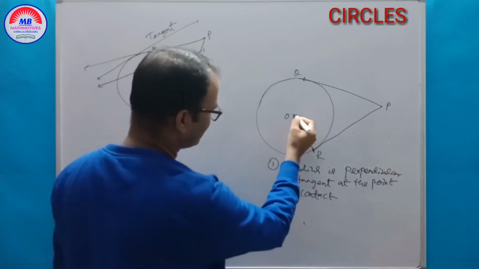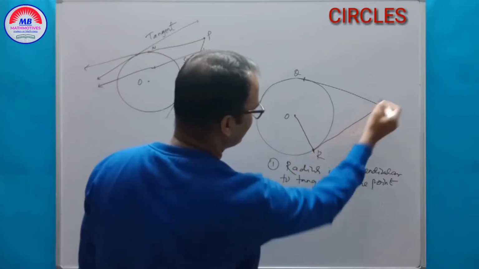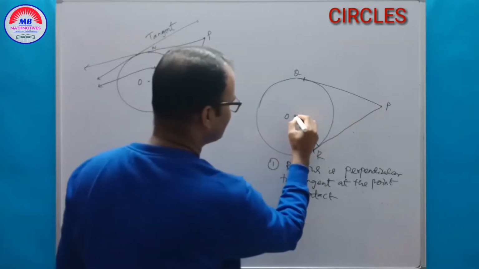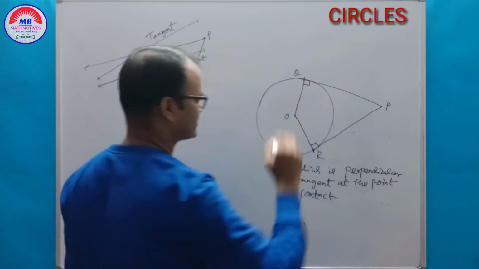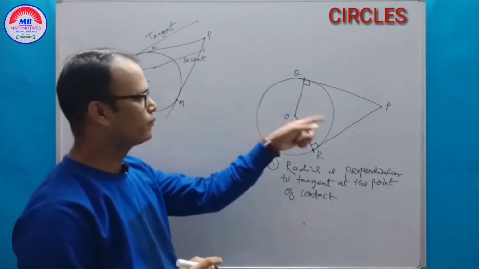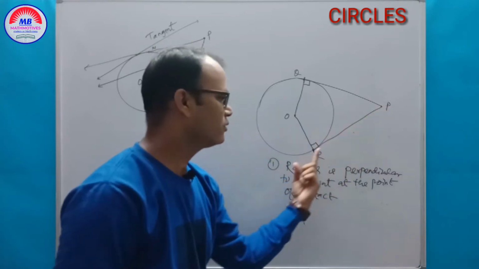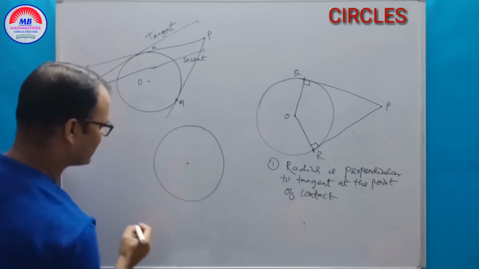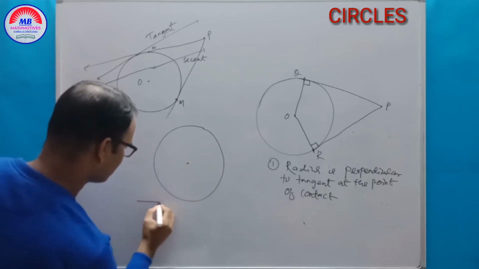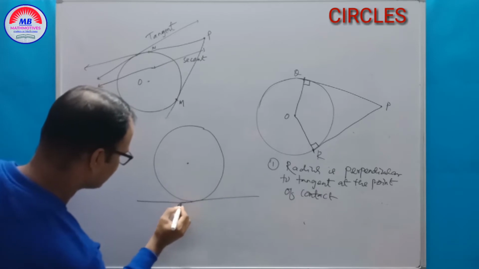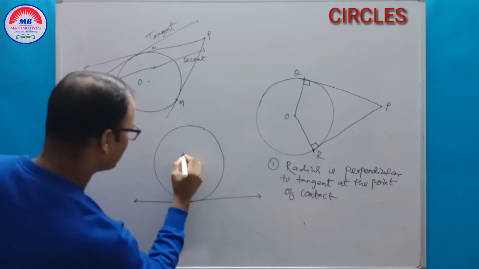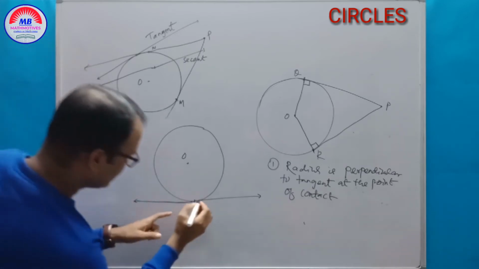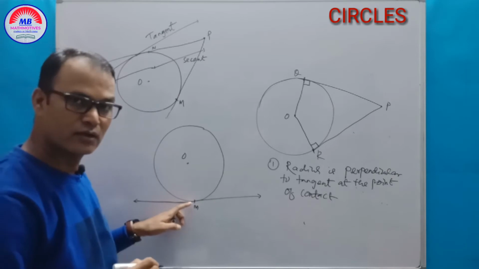So you have to prove this radius is perpendicular to the tangent at the point of contact. Similarly, this one is perpendicular to this. Okay, so how to prove that the radius is perpendicular? You see, the circle is here, center O, let the tangent be here, touching at M. This point is on the circle.